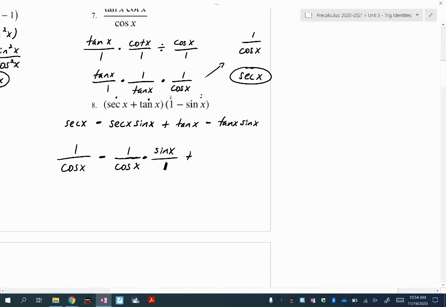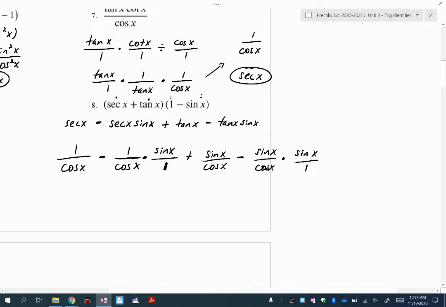I could write that as what I said to do, which is sine of x over cosine of x minus sine of x over cosine of x times sine x.